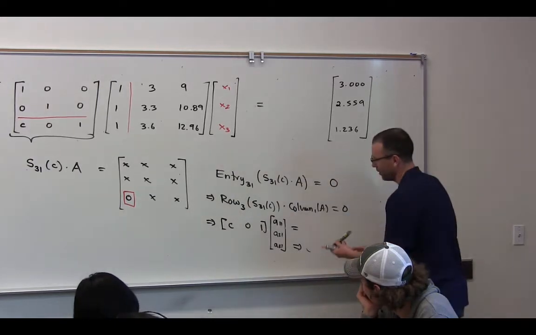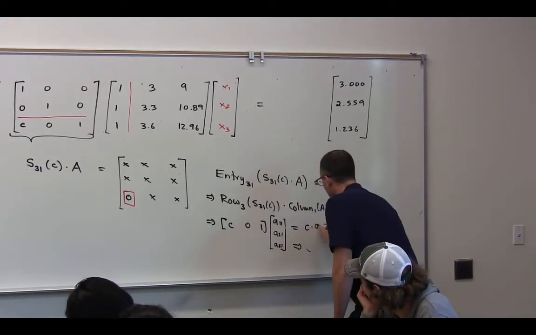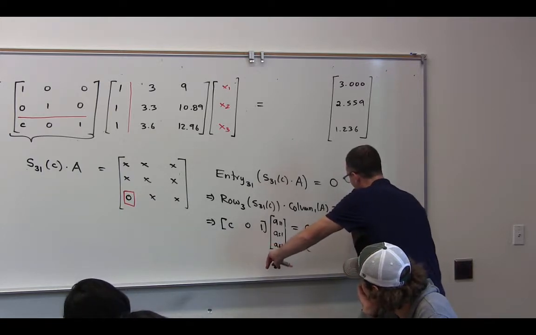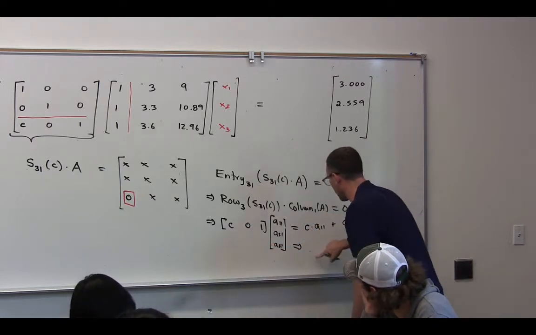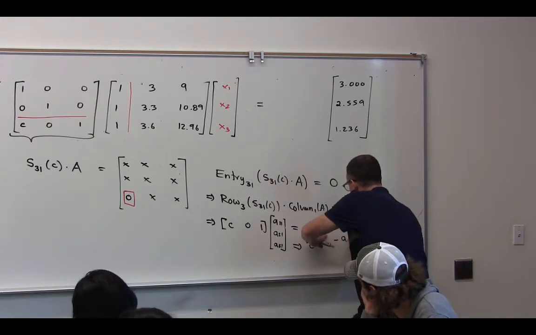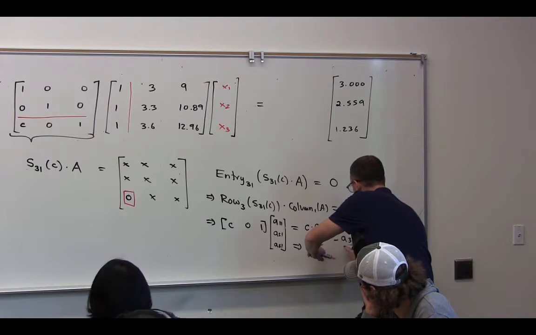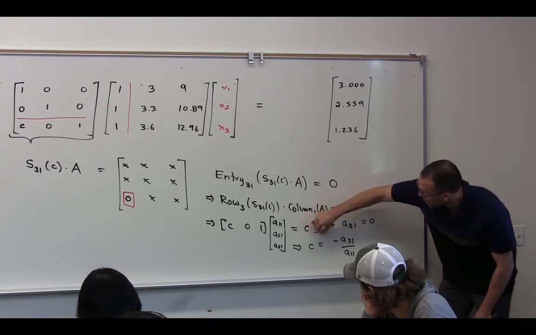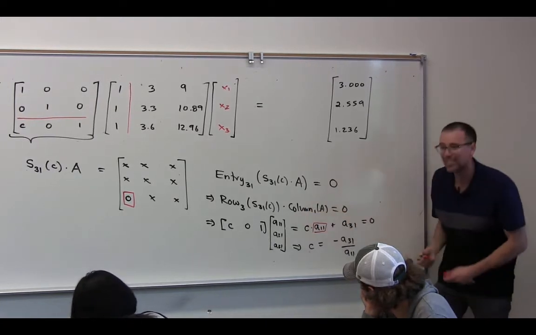Let's go ahead and check. So this is going to be C times A11 plus A31 is equal to 0. And what's the claim about C then? Negative A31 divided by A11.